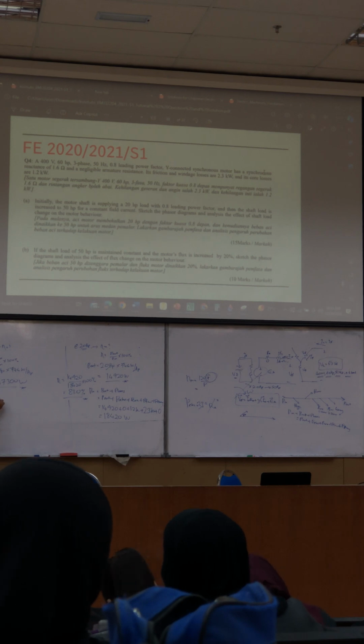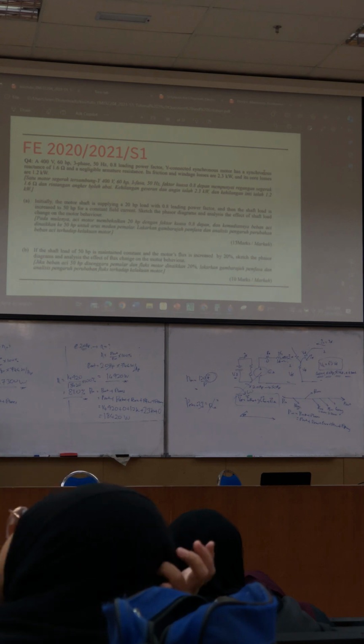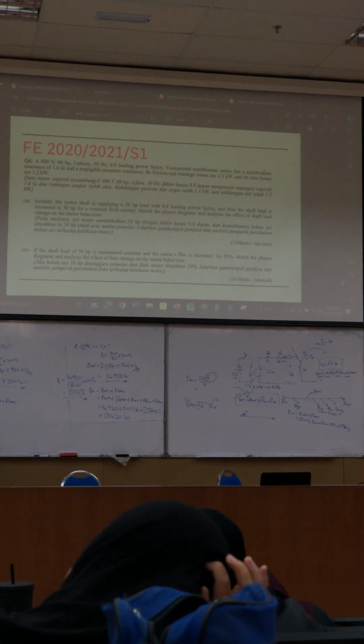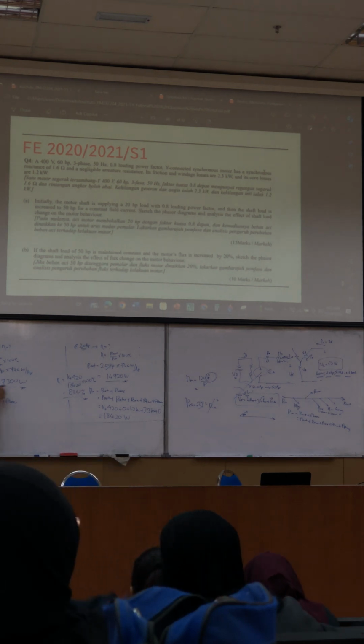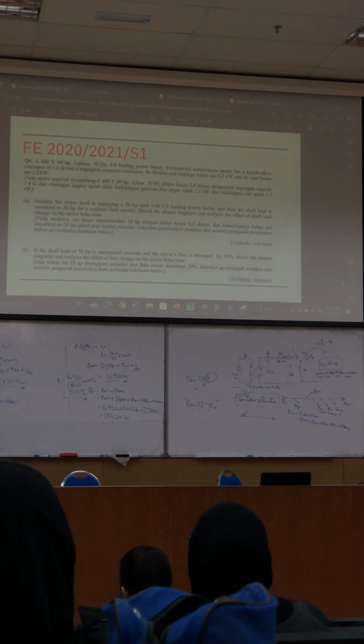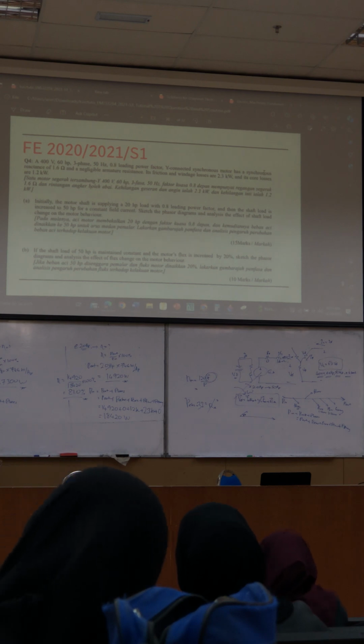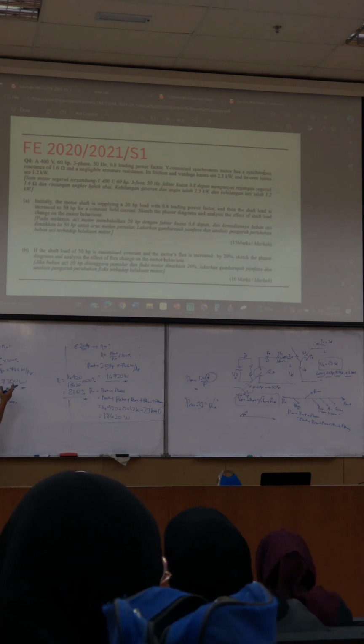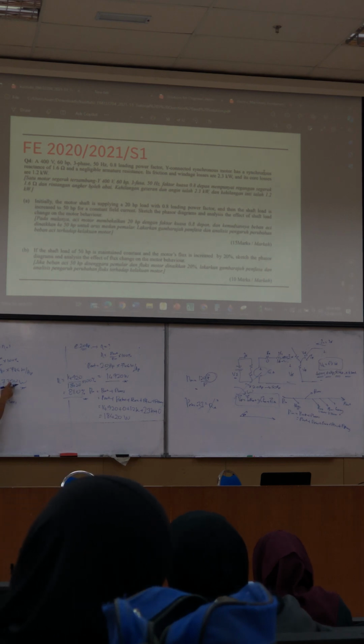P in is equal to P out plus P losses. During your calculation, please be a little bit hardworking to rewrite the formula. Don't just write the value. Write the formula, because if you have a wrong number, wrong values, wrong answer, you still have marks for the formula.